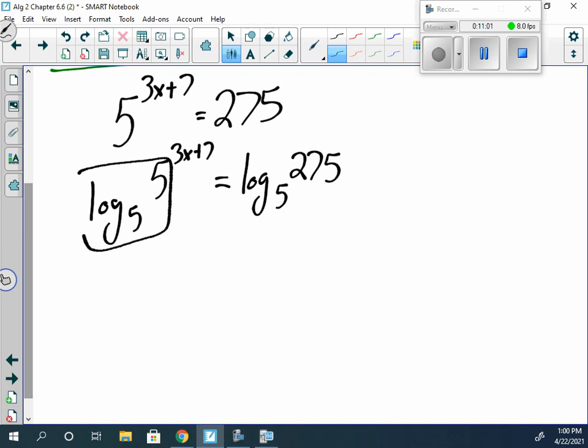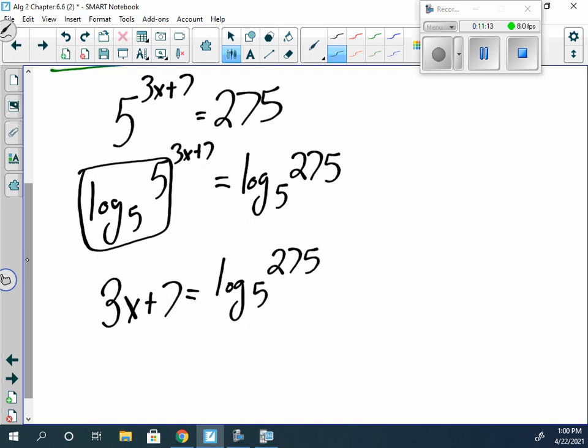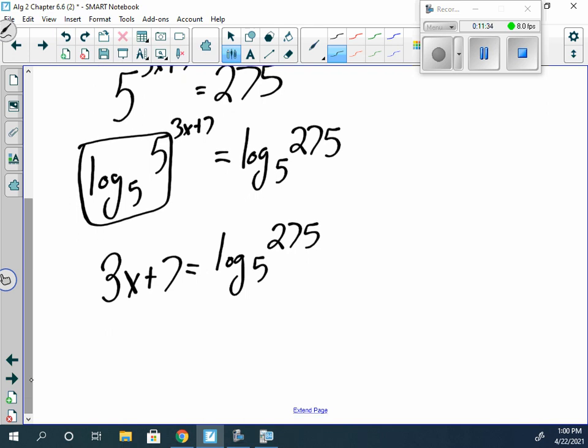And our log base 5 of 5 is going to simplify to 3x plus 7 is equal to, and then what can we do next?